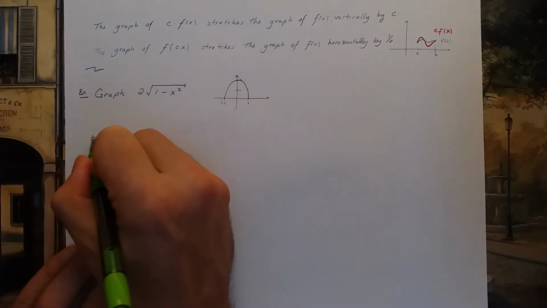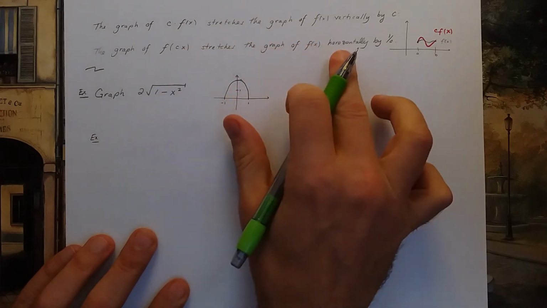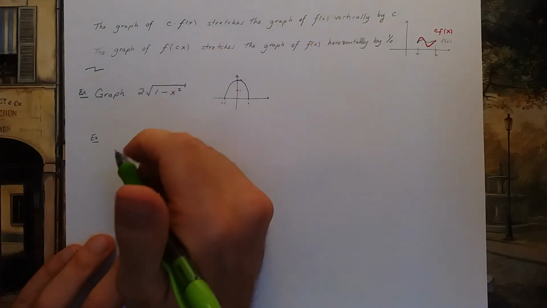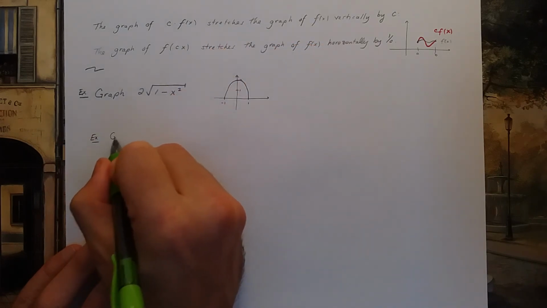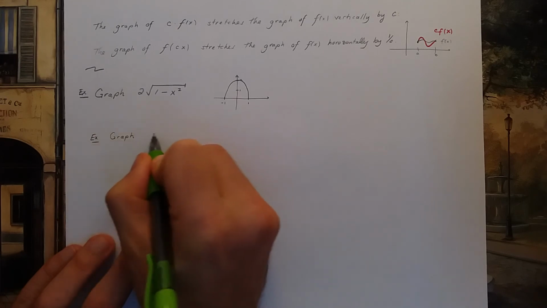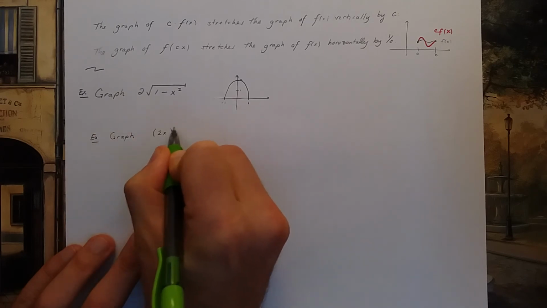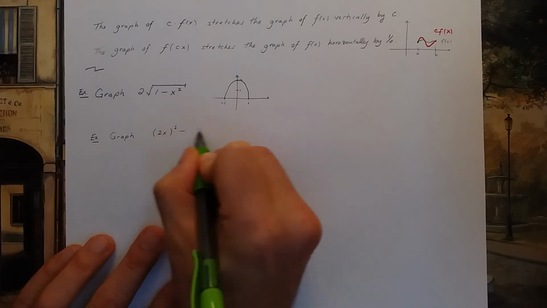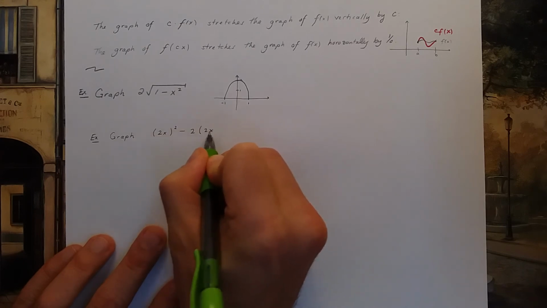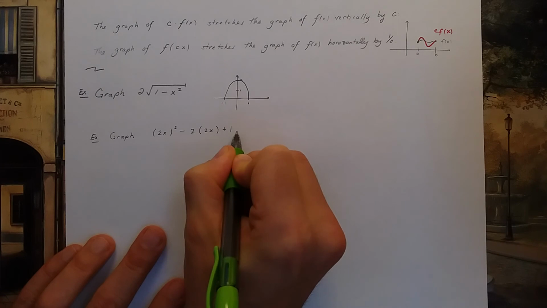And one final example, let's do an example of a horizontal stretching or compression. So why don't we graph (2x) squared minus 2 times 2x plus 1.